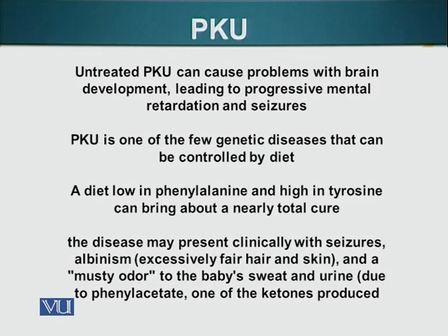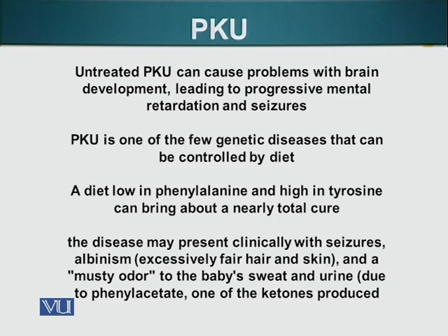So the simple solution for this genetic problem would be, if we can give these children, from very early on, as soon as they're born, a restricted diet, we don't give them phenylalanine in excess quantity, we limit the quantity of phenylalanine intake and give them tyrosine in their diet, this will prevent the phenylketones from forming.